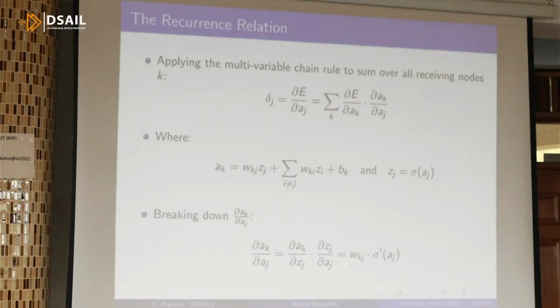It looks complex, but that's all it's saying. The impact of AJ on AK is the product of the weight WKJ multiplied by the activation function at the input of the neuron of interest, which is neuron J in this case.